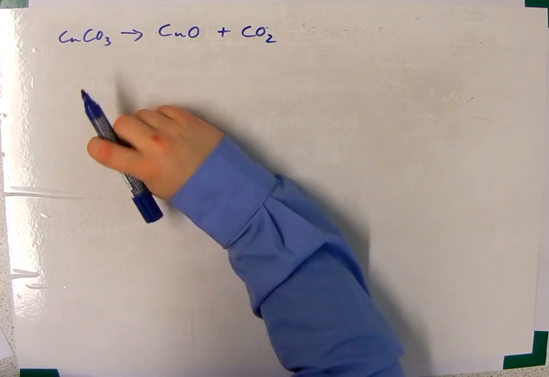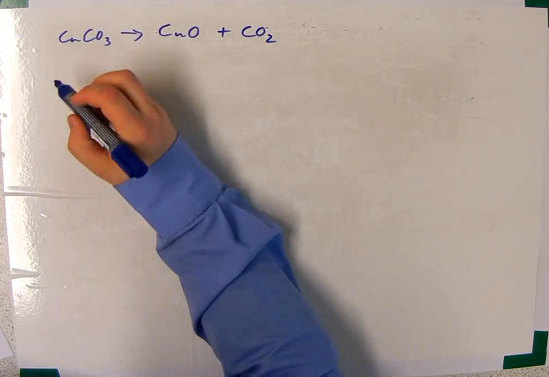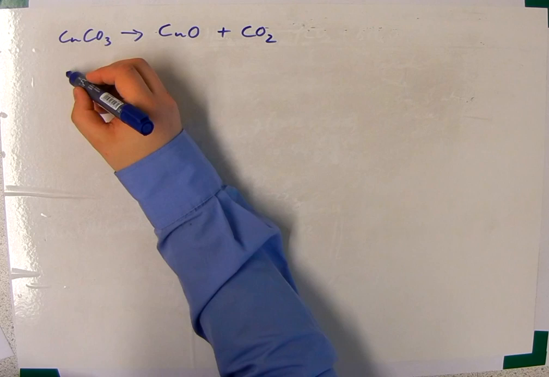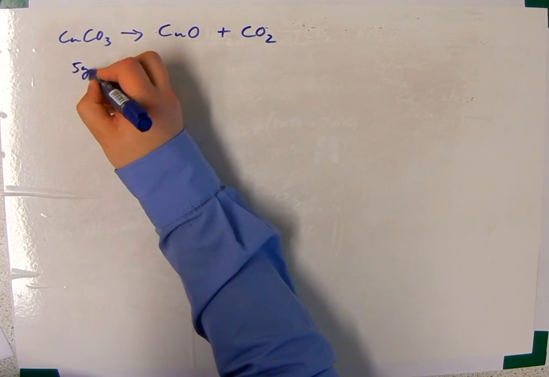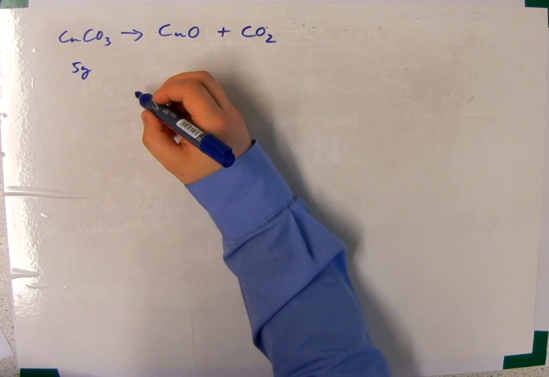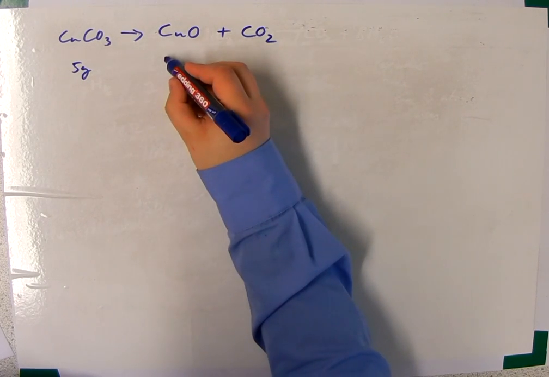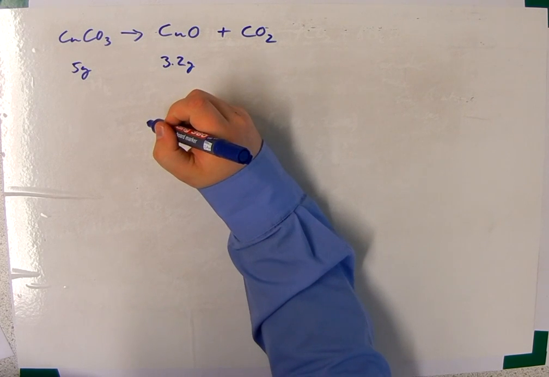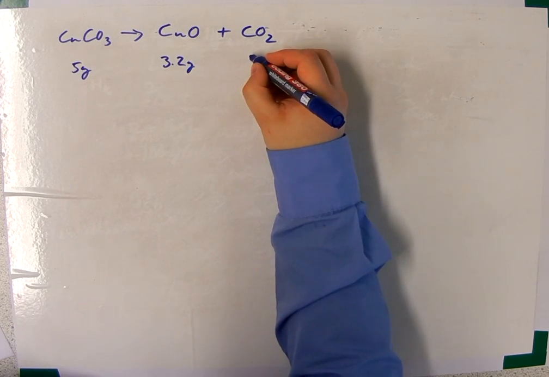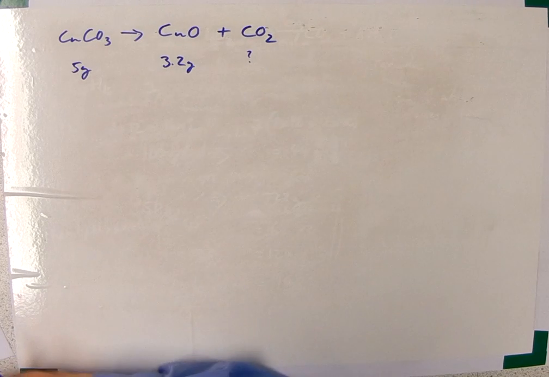Nice and straightforward equation. Say that Jamie, our example chemist, has heated 5 grams of copper carbonate and he had a mass of 3.2 grams. Can we work out how much of that we had?